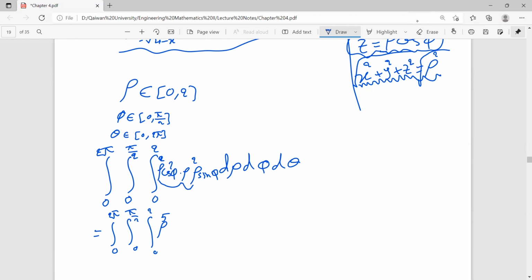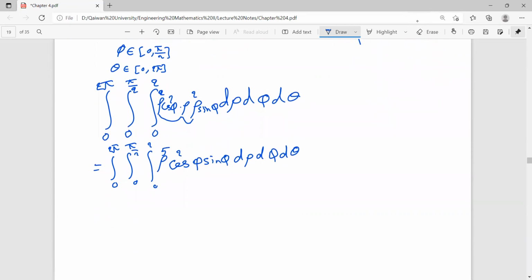Now we have cosine squared of phi times sine phi, d rho d phi d theta. We take the first integration with respect to rho. Here, cosine squared of phi times sine phi is a constant because we integrate with respect to rho. Here we have rho to the power 5, and it equals the integration from 0 to 2 pi, the integration from 0 to pi over 2.